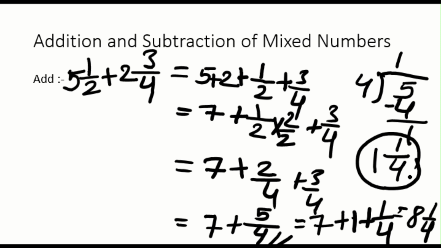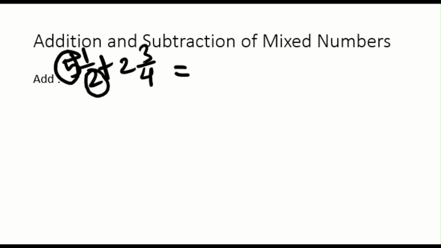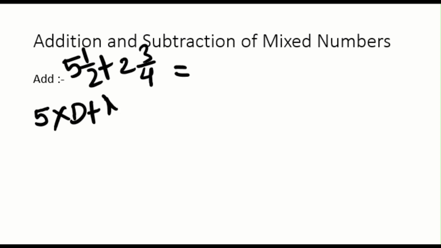And then there is another method by which we can get this. The number was 5 1 upon 2 plus 2 3 upon 4. So we are going to elaborate each fraction properly. Whenever these mixed fractions are there, we multiply the whole number with the denominator and add the numerator. The number 5, we multiply by the denominator and add the numerator.